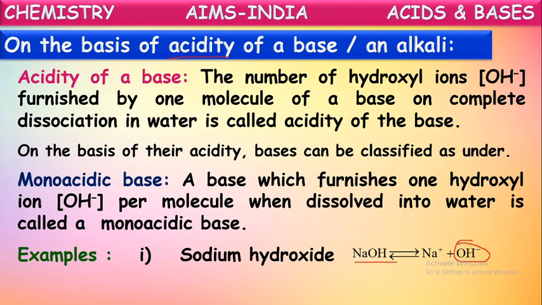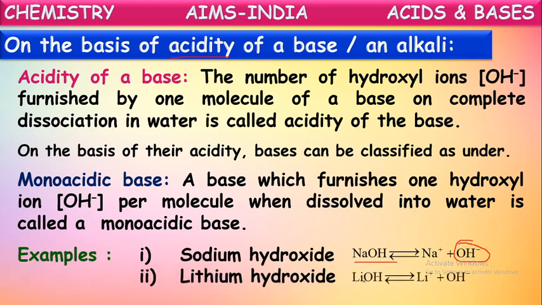Such kind of bases are called monoacidic bases. One more example, lithium hydroxide. When you dissolve this lithium hydroxide into water, it splits into Li plus and OH minus ion. So from one molecule of lithium hydroxide, only one OH ion is produced. This kind of bases are called monoacidic bases.